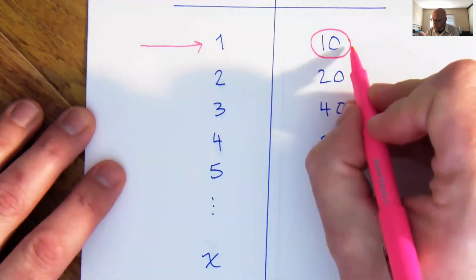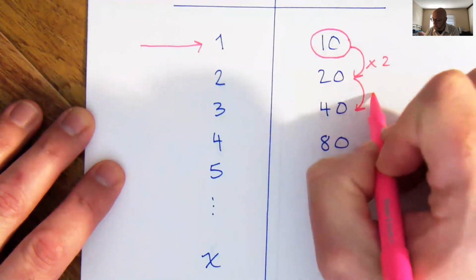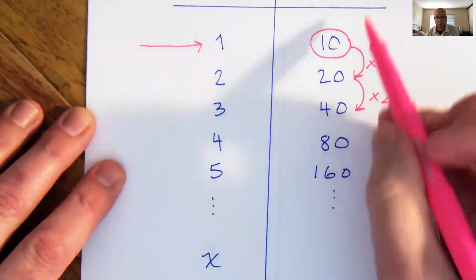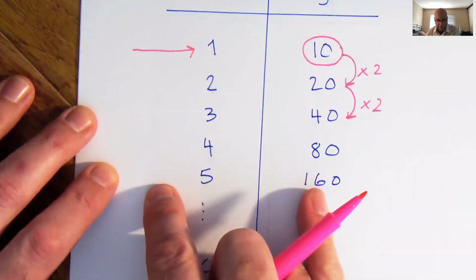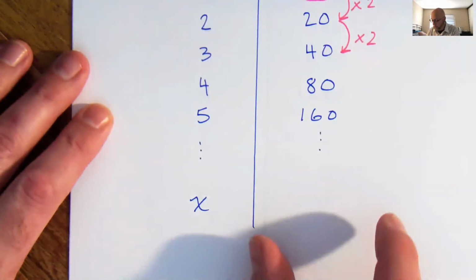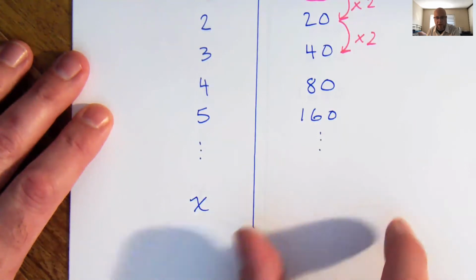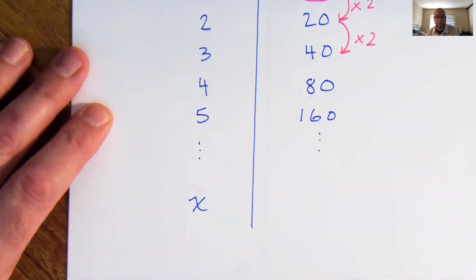So now we start with 10 before we begin this process of repeatedly multiplying by 2 to move down the table. The numbers are the same, but because the table is organized differently, we're going to end up with a different expression and a different looking equation, but it's equivalent to the other one.